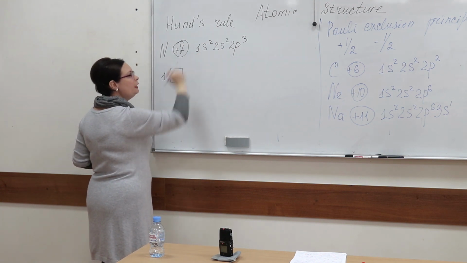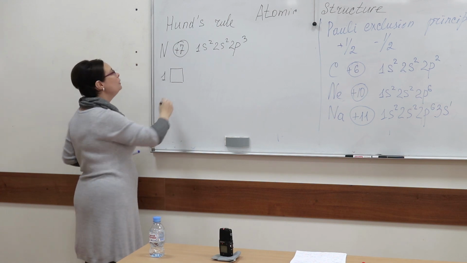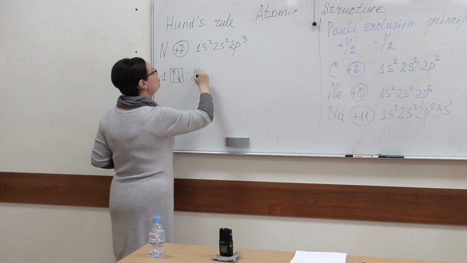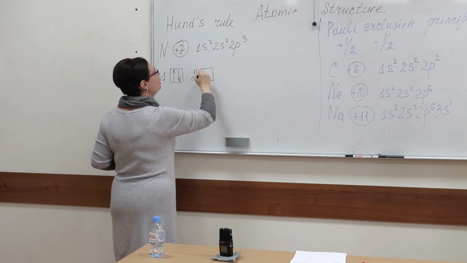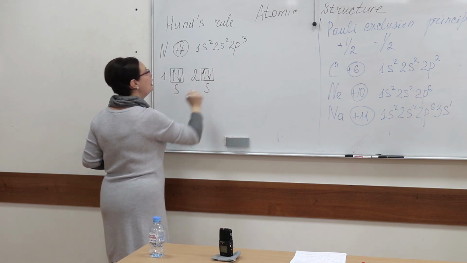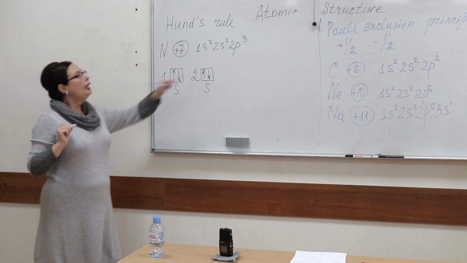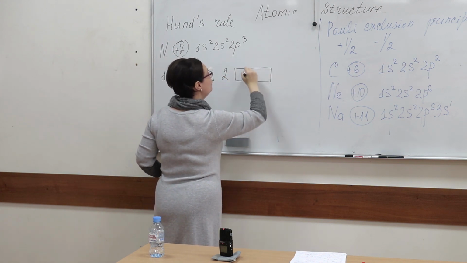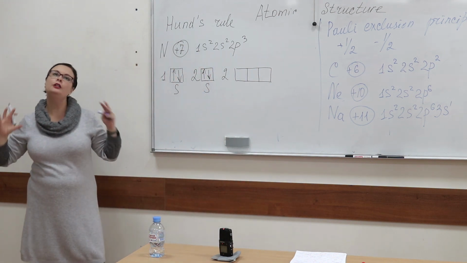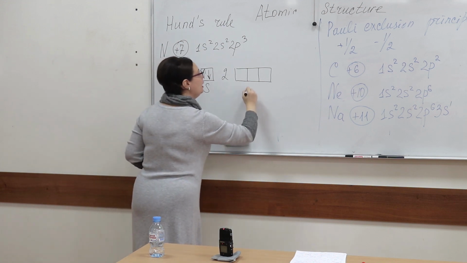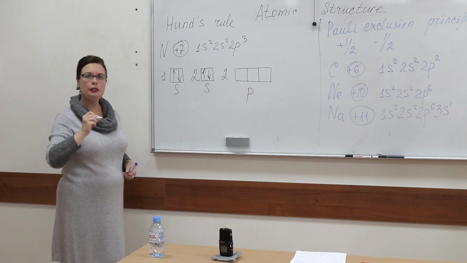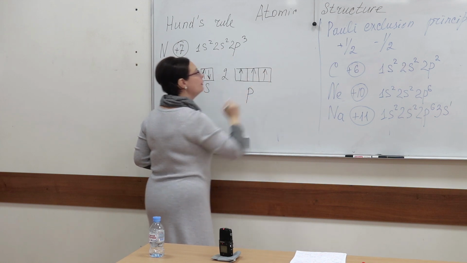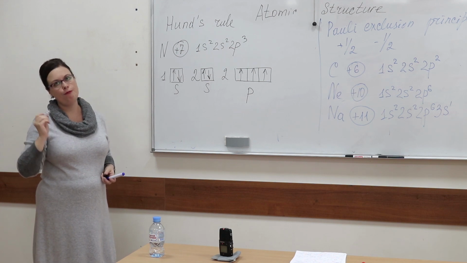Here we have two electrons with opposite spins, and we can draw arrow up and arrow down. 2s also with two electrons, arrow up and arrow down. If we consider p sublevel, which consists of 3 p orbitals, we show the triple box, in which 3 electrons will fill only its own box, 1, 2, and 3, to have the maximum value of parallel spin.